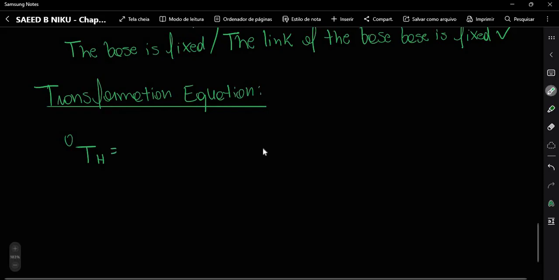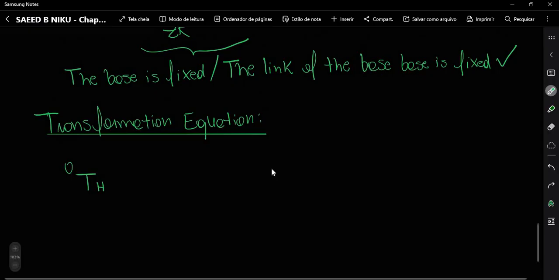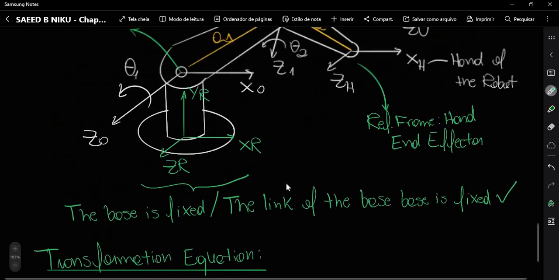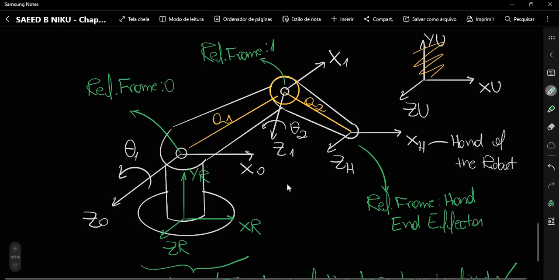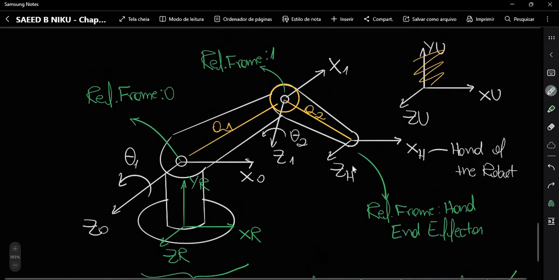And this is equal to... remember that we always use a frame as a reference to the next frame. So one frame becomes a reference in the operation of transformation. Here we will start from the end effector.